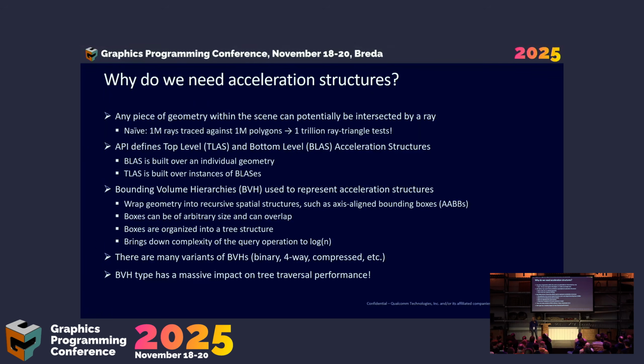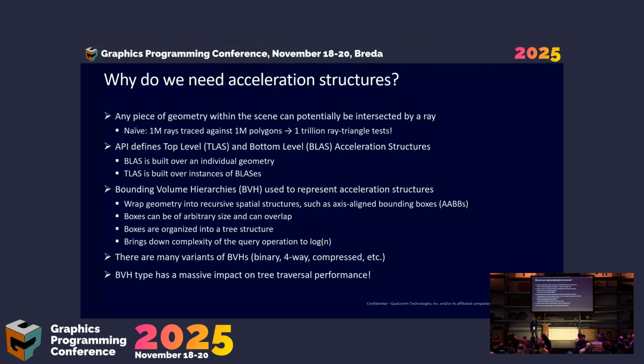Luckily, APIs have defined these things called acceleration structures that are used to help you represent your scene more efficiently. So we have bottom-level acceleration structures and top-level acceleration structures. Bottom-level acceleration structures, or BLASs, are built over geometry, and top-level, or TLAS, is built over the instances of the BLASs in your scene.